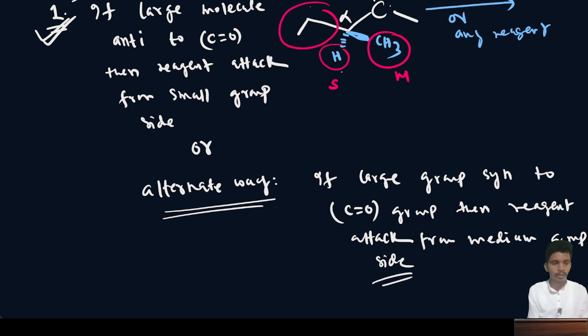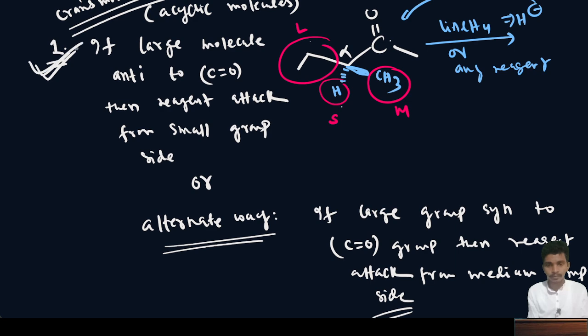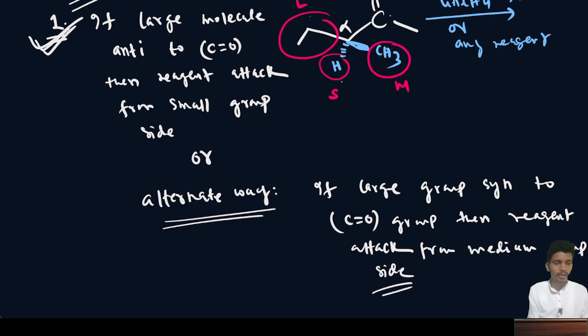This is the alternative way. Either you remember this, or you can remember the other. Both are Cram's model.